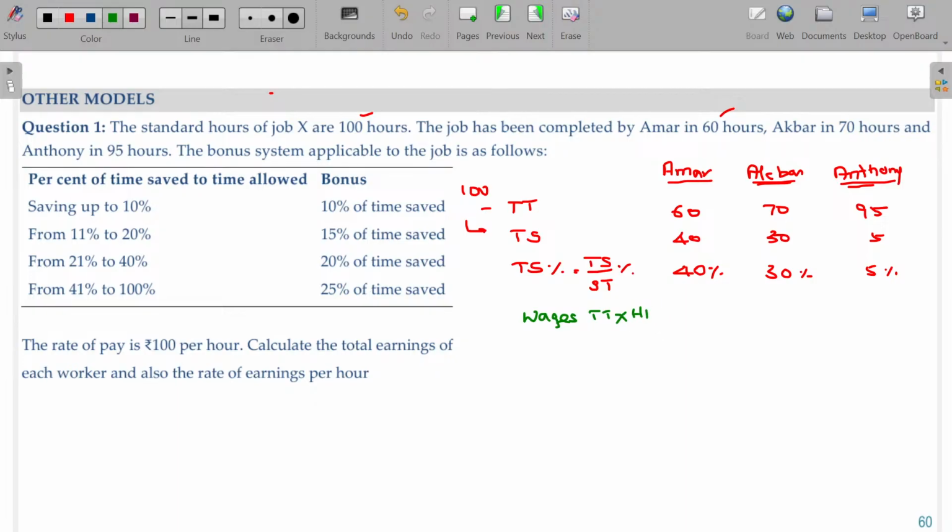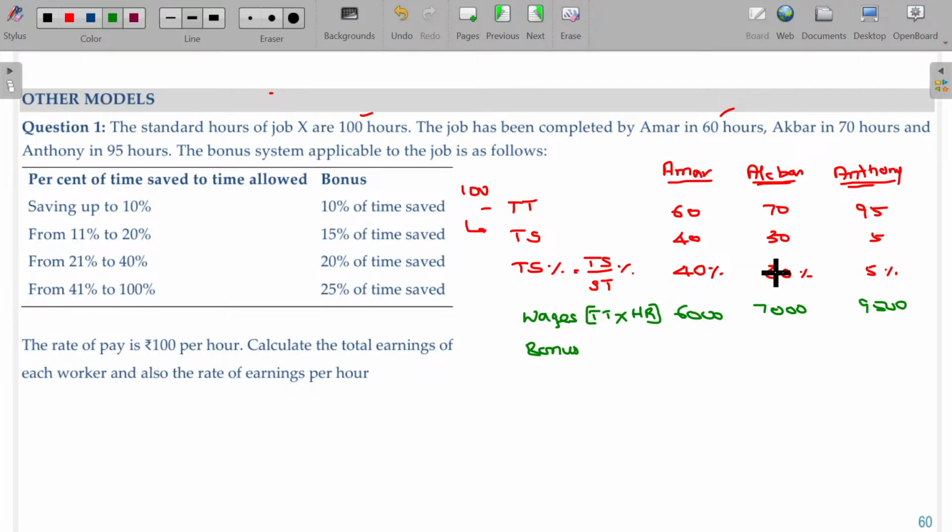There will not be any problem there, that remains the same. 60 into 100, 6,000. 70 into 100, 7,000. 95 into 100, 9,500. But when the bonus is calculated, it may be pretty different.